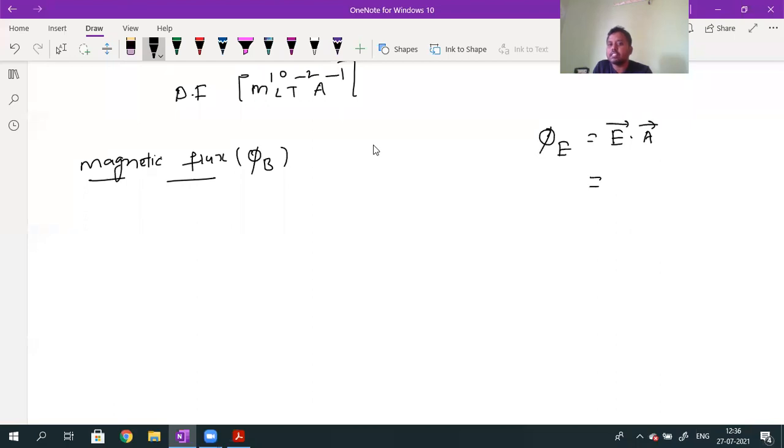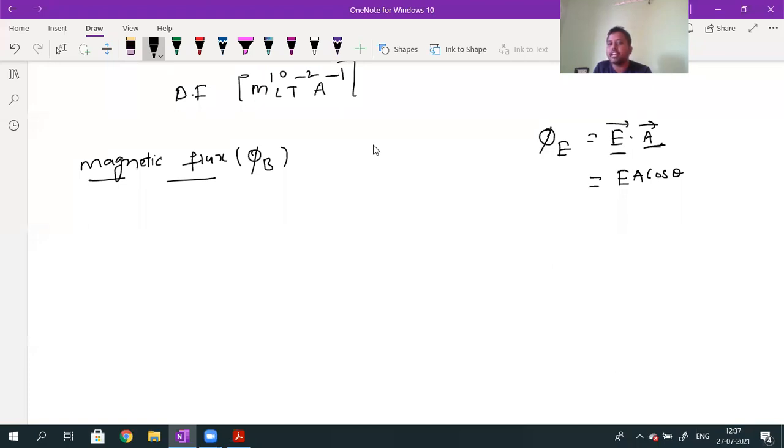Electric flux is the dot product of electric field intensity and area vector, E bar dot A bar, which can also be written as EA cos theta. Just recalling that so you don't get any confusion.